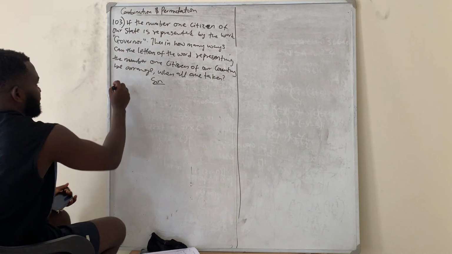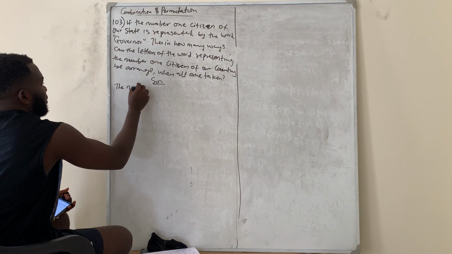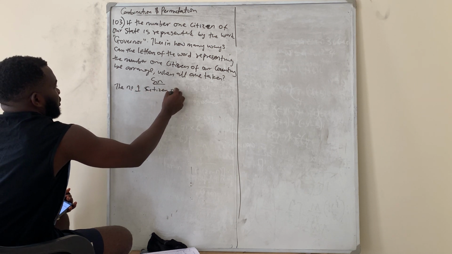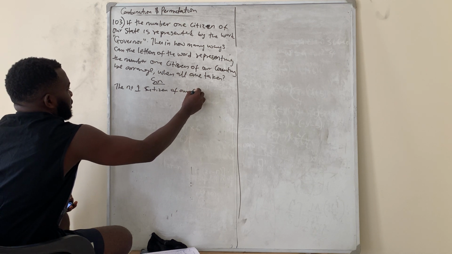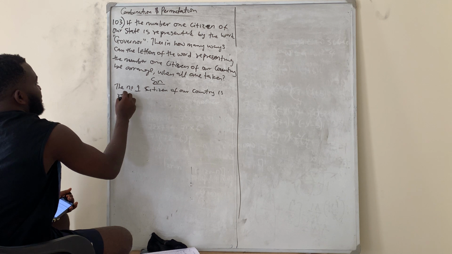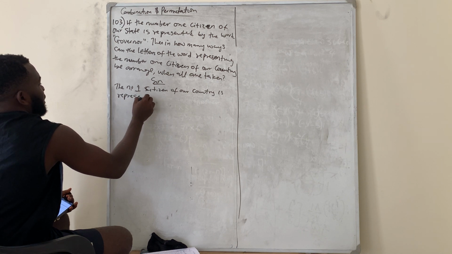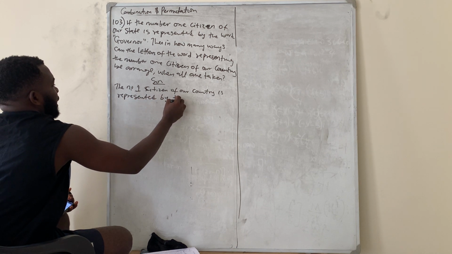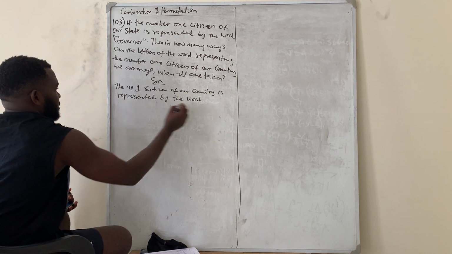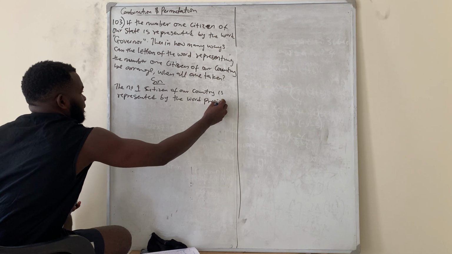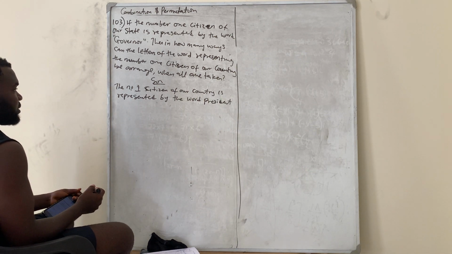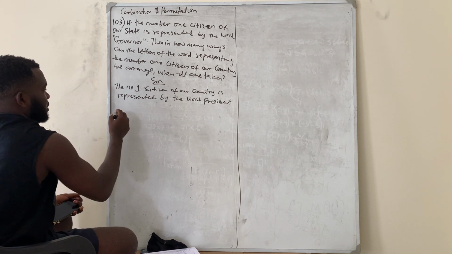So you can tell them that the number one citizen of our country is represented by the word president. So in how many ways can we arrange president?